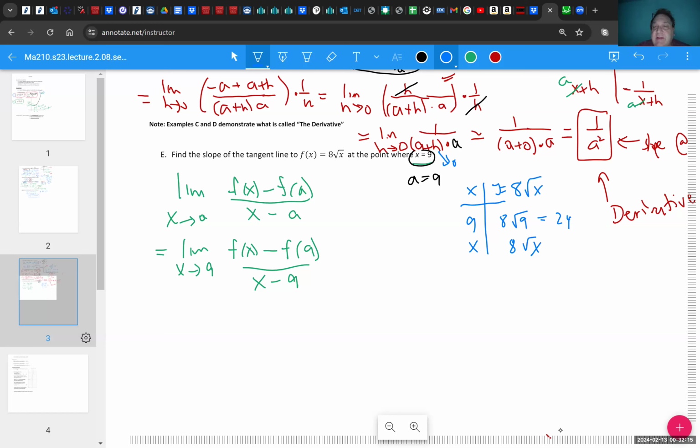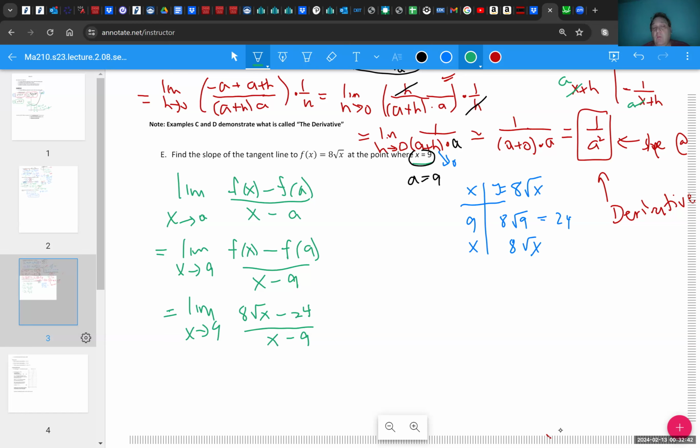Nothing exciting there. All right, so let me put this into the formula. Got our limit that we have to continue writing until we actually take the limit. f(x) is 8 root x. f(9) is 24. And the bottom we have x minus 9.